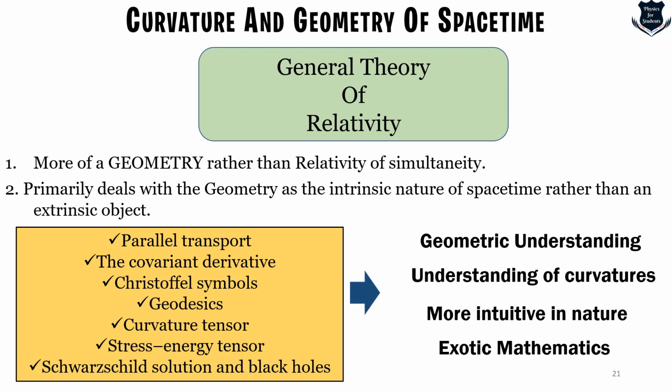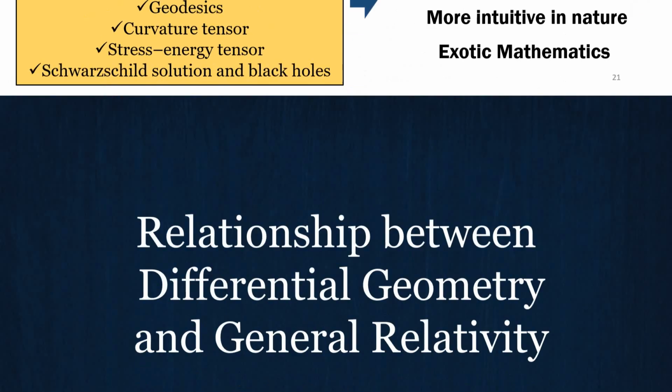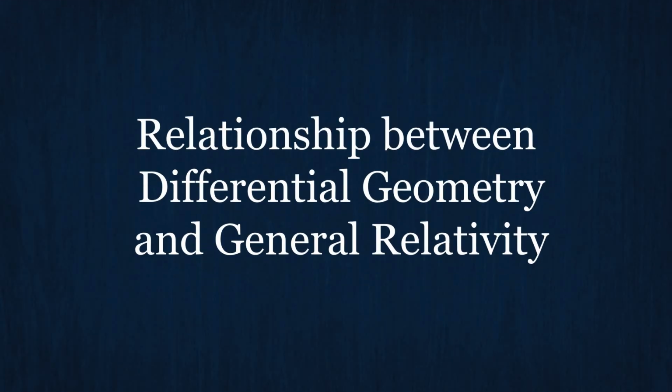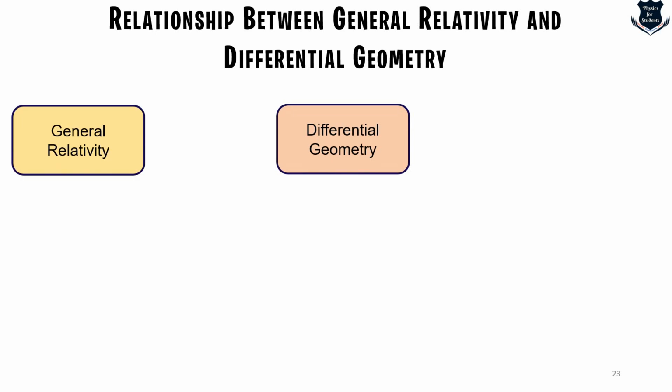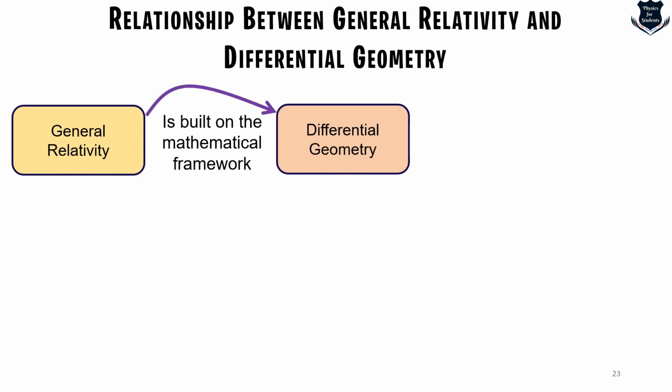So let us move on to what I was talking about, the relationship between differential geometry and general relativity, and let us look into this part of the video. When we talk about the relationship, we should understand that the entire general relativity is built on nothing but the mathematics of differential geometry.